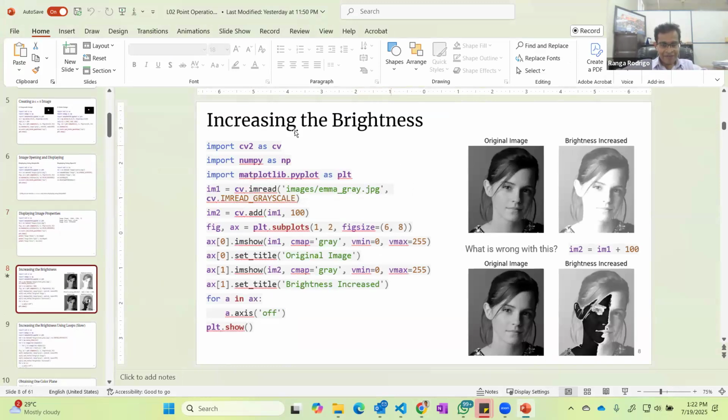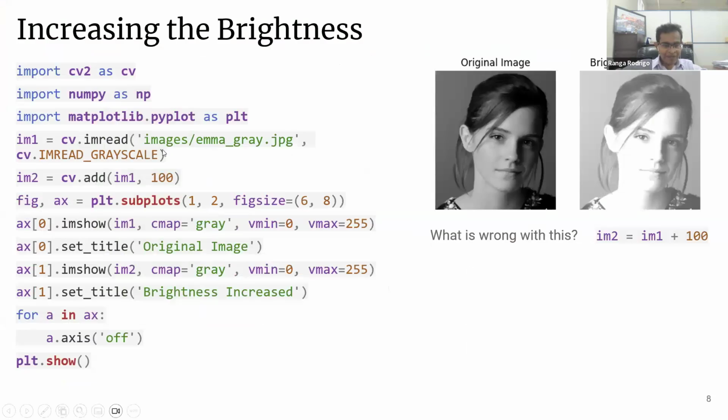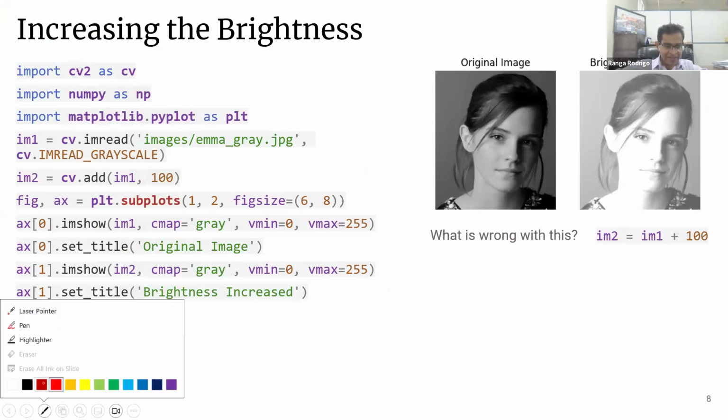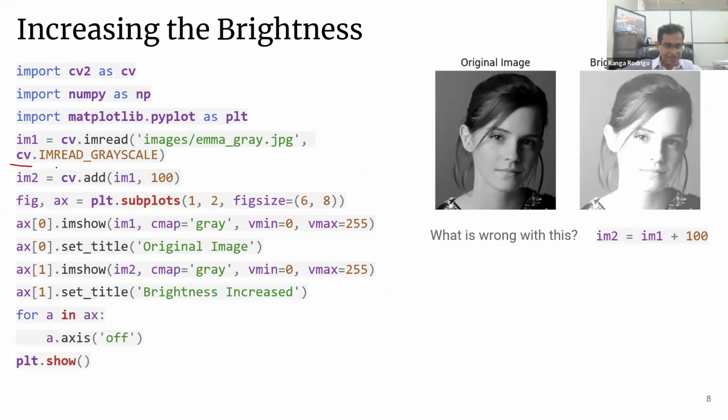Then let's see how to increase the brightness. So I think OpenCV as cv, NumPy as np, all these things are okay. Now I have opened this image as a grayscale image. You can see that I have given a special command, cv.imread with grayscale, to open the image of Emma Watson as a grayscale image.